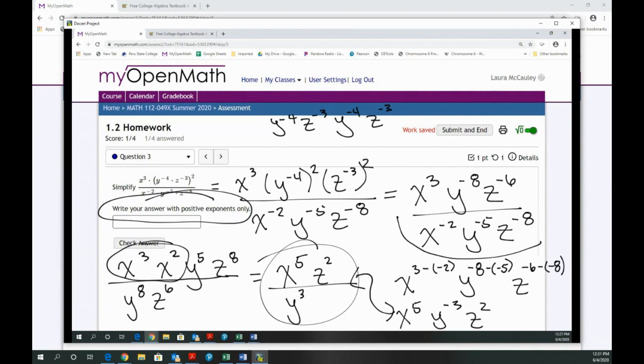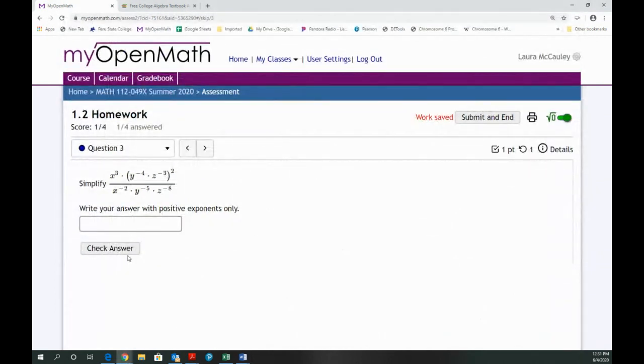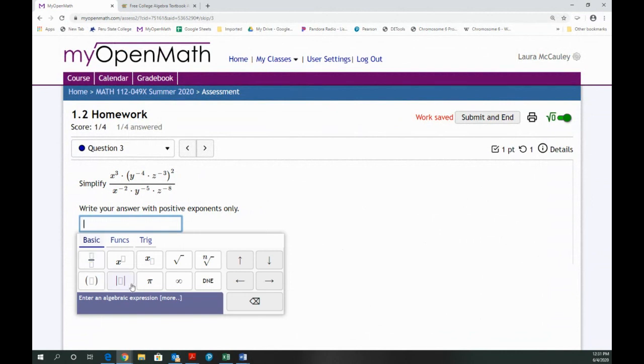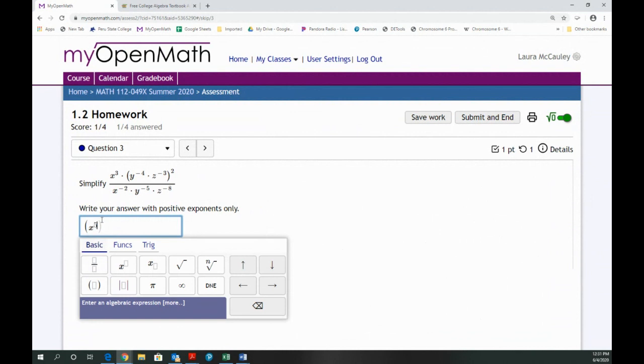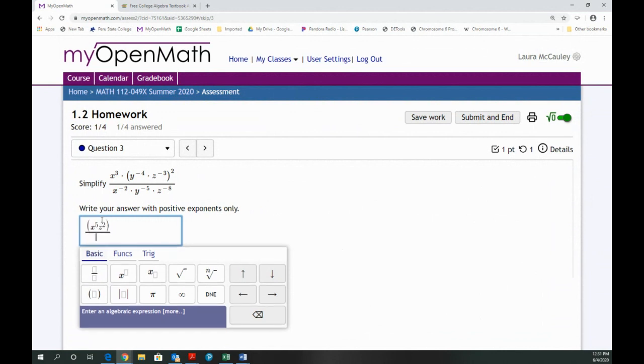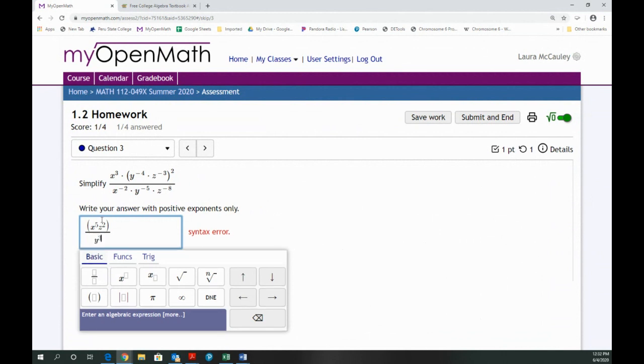This is our first one with fractions and exponents that we've had to put in. You can use these buttons. I tend to just use parentheses, so I'm going to type x caret 5, then z caret 2, close my parentheses, divided by, using the actual keyboard symbols, y caret 3.